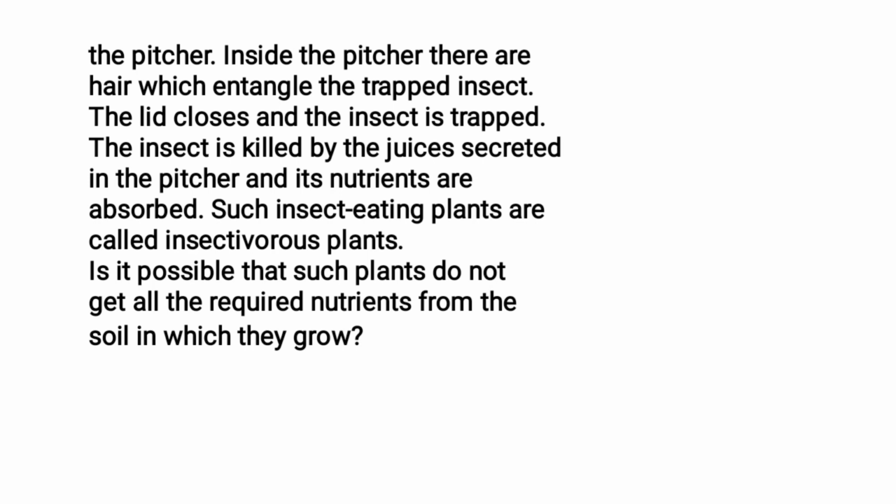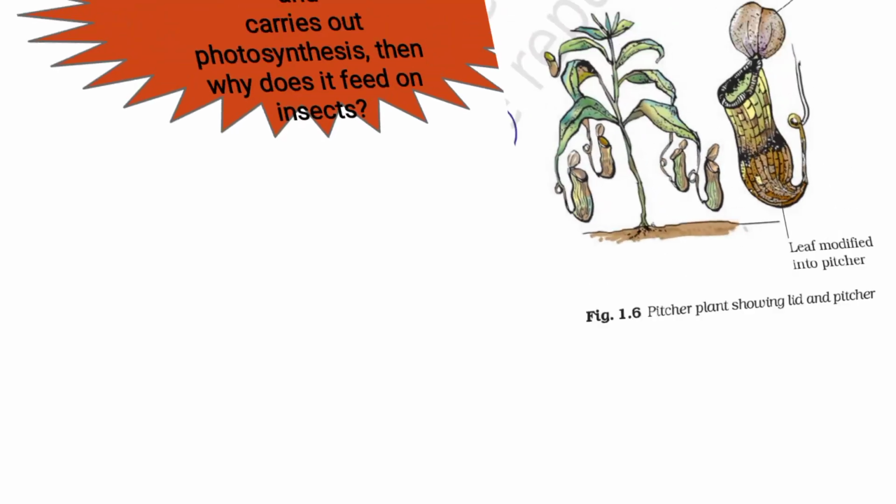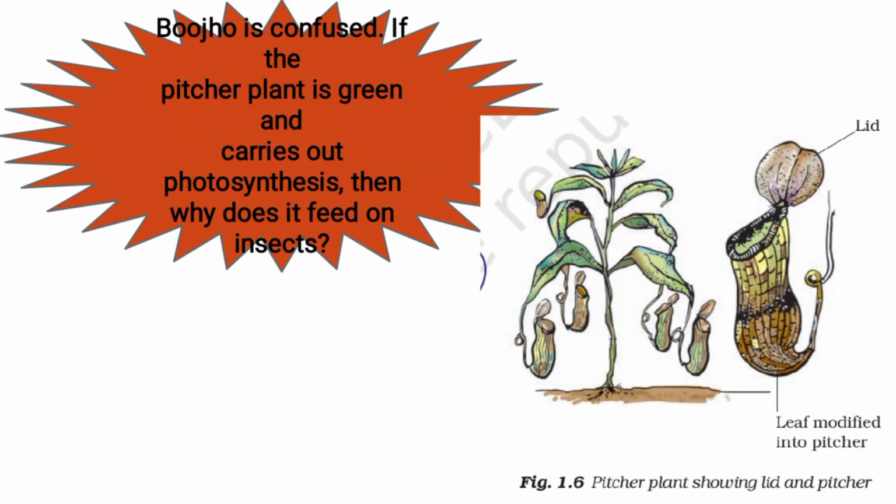Is it possible that such plants do not get all the nutrients from the soil in which they grow? Yes, this is possible. Now you can see in figure 1.6 a plant called the pitcher plant. Here we have a leaf modified into a pitcher, and the pitcher has a lid.